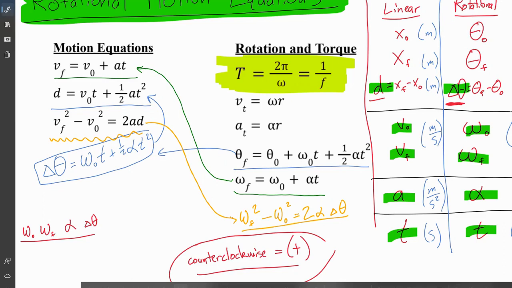Okay, but here's the thing. I don't give that to you because AP does not give that one to you. I don't really know why they give you the others, but they don't give you this one. No idea. But this one is just as important, just as valid. So you have to know that you can get this equation from the linear motion equation that looks basically the same.